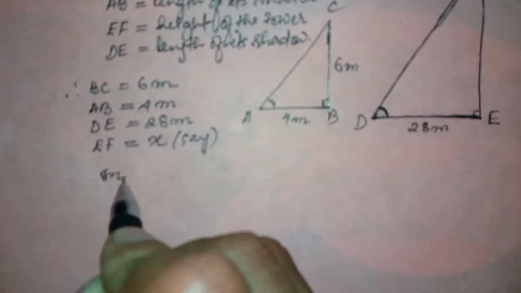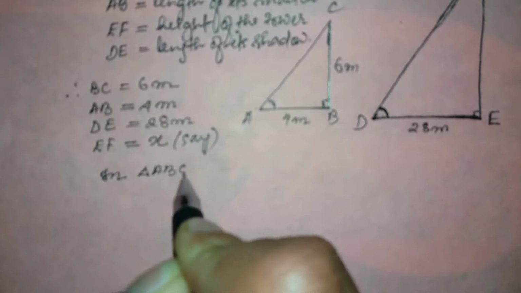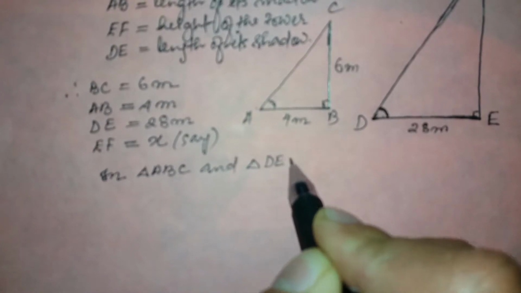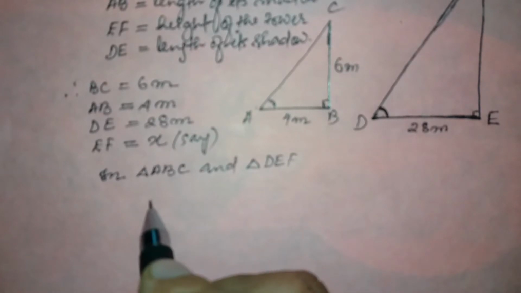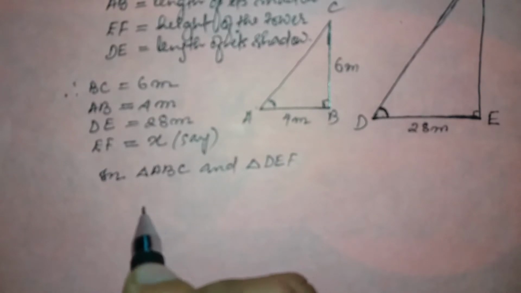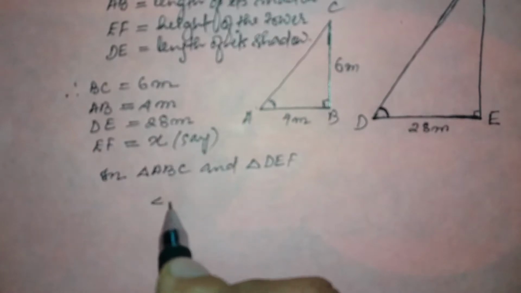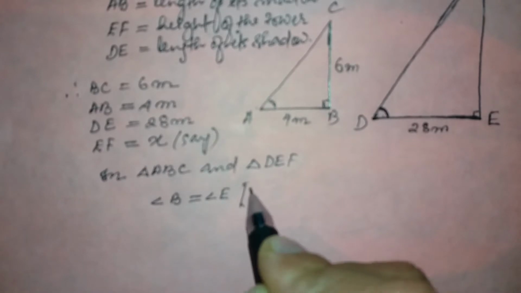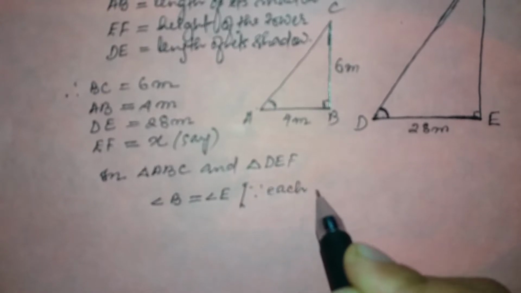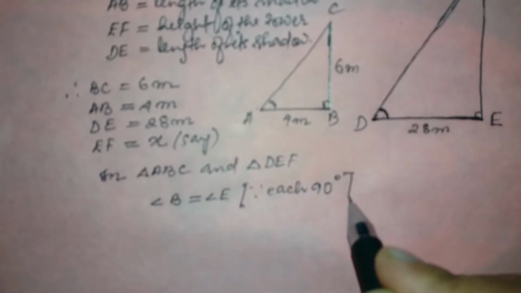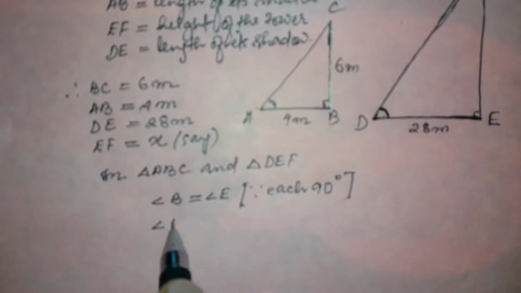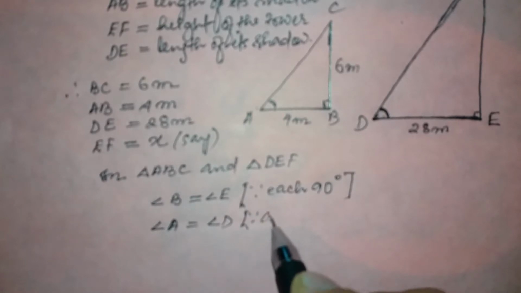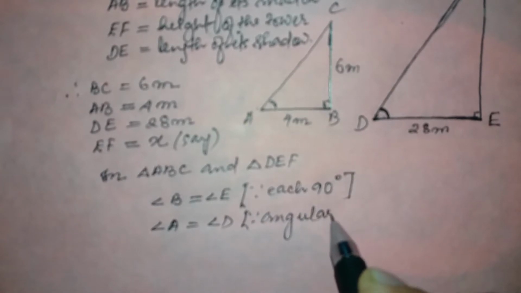In triangle ABC and triangle DEF, angle B is equal to angle E, since each of them is 90 degree, and angle A is equal to angle D, the angular elevation of the sun.